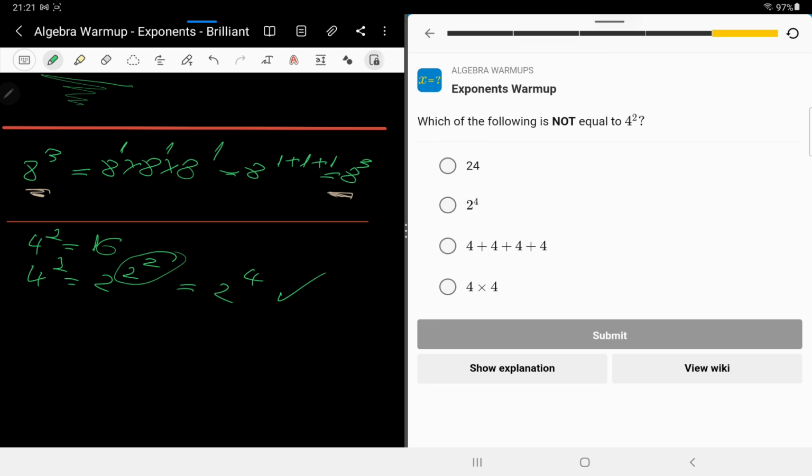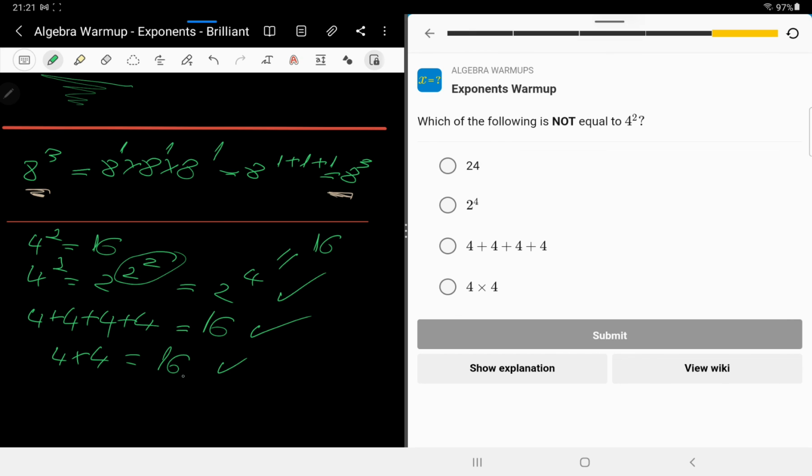4 plus 4 plus 4 plus 4. We have 4 plus 4 plus 4 plus 4. This is 16. So this also goes into the solution. And 4 times 4 equals 16. Actually, this is also equal to 16.